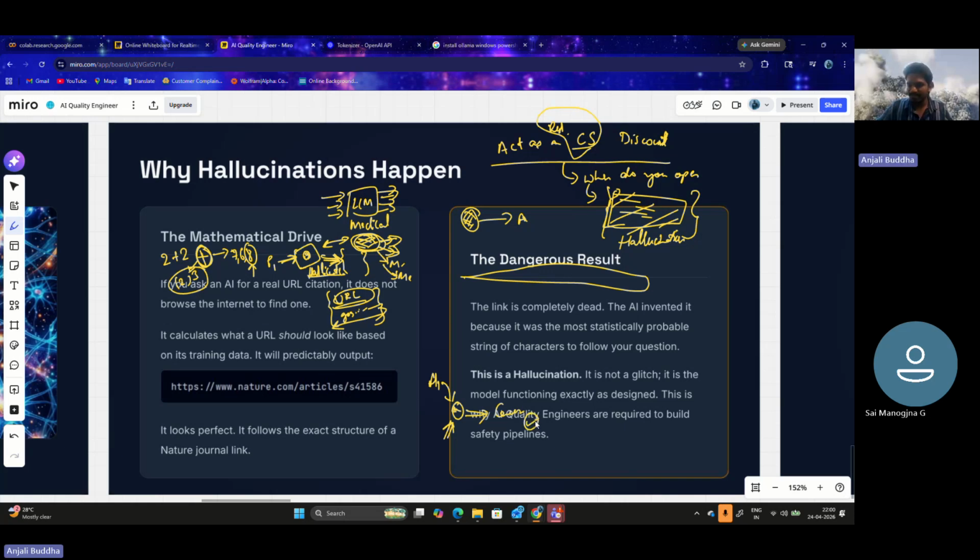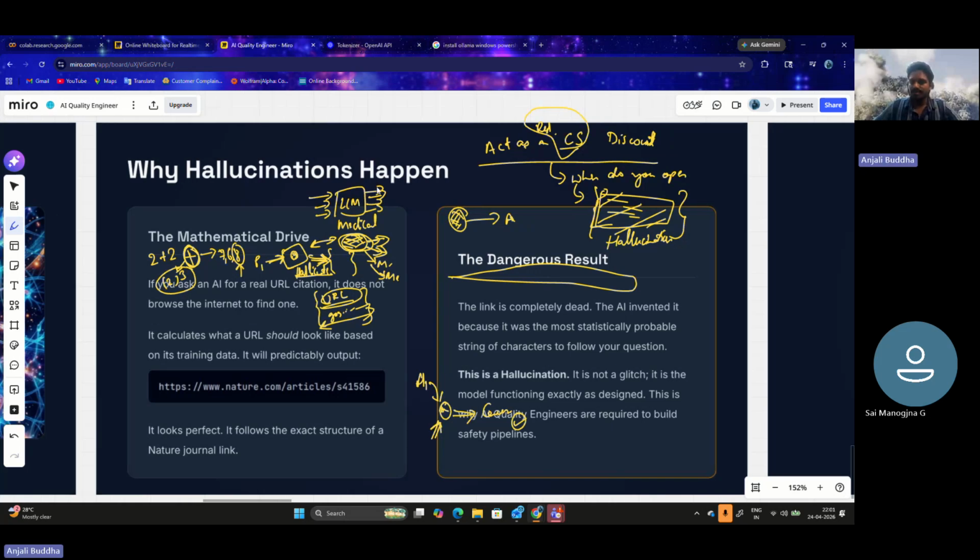This could be very serious, right? So depending on the severity, the danger could increase or decrease. That's what hallucination is. We must avoid this at any cost, and as AI quality engineers, it is our duty to detect hallucinations through different means.